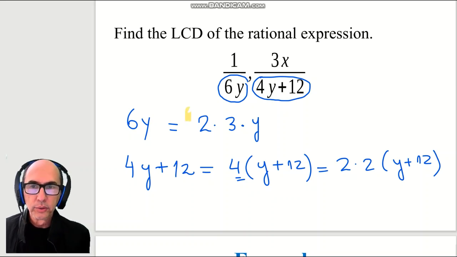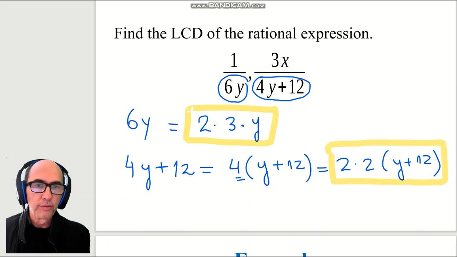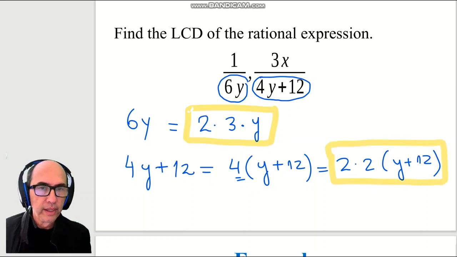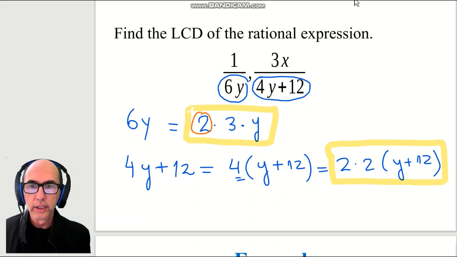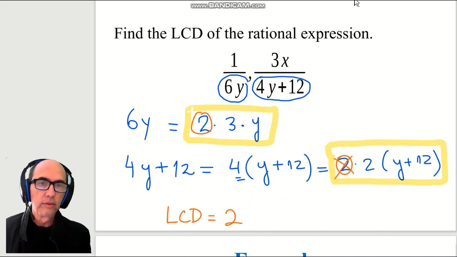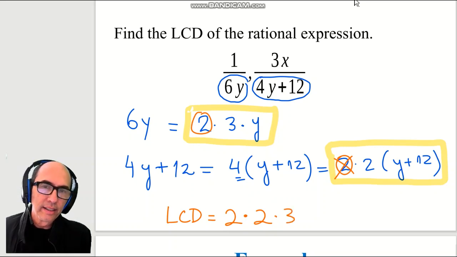Compare 2 times 3 times y with 2 times 2 times y plus 3. Yes, the 2 and 2 are repeated, so we just need it once. The other 2 is unique, okay? Then we have 3, and the tricky part, we have y, and we have y plus 3.